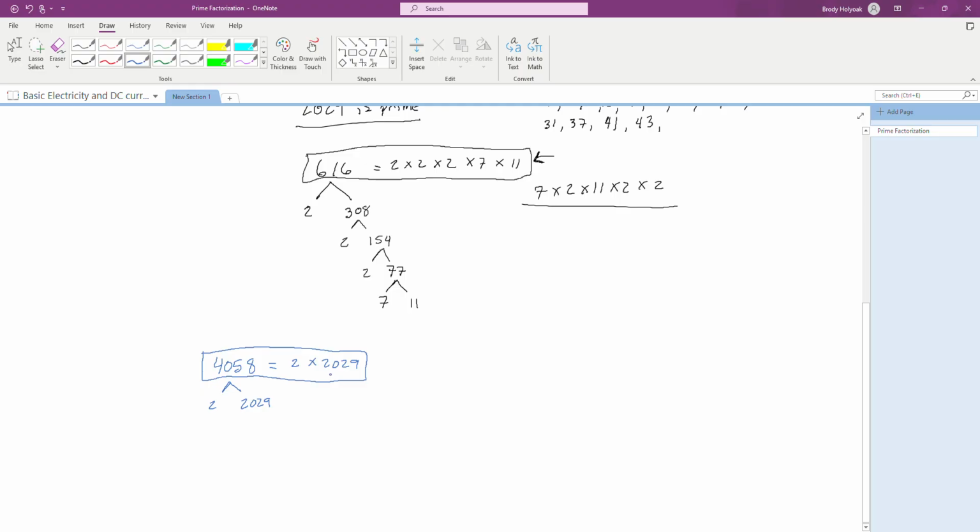Now, one of the ideas behind this, and why do we use prime factorization? Because it is a little bit of work to list out all of the factors. Sometimes we don't have to go down to prime factorizations, but we can. We can get down to these base numbers of each of these sets. With that being said, one of the reasons that we use prime factorization is we can use it in reducing fractions.